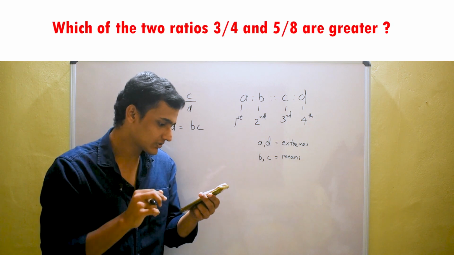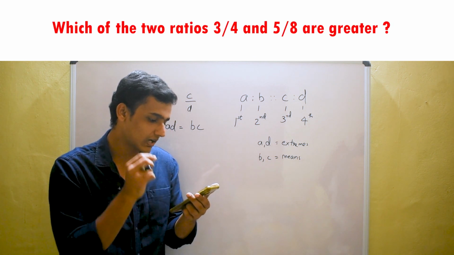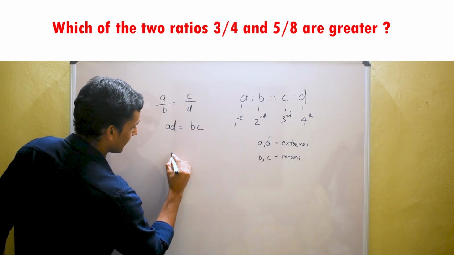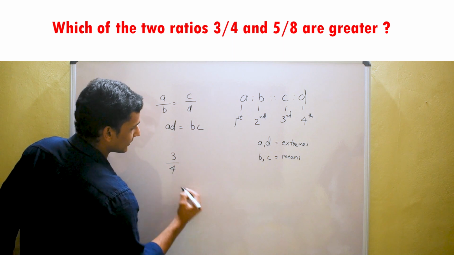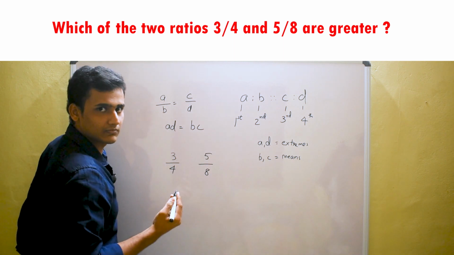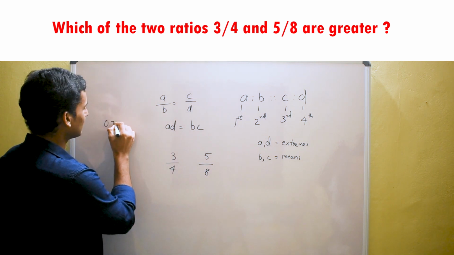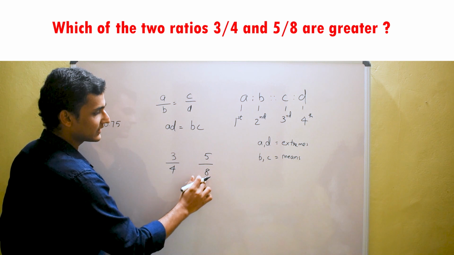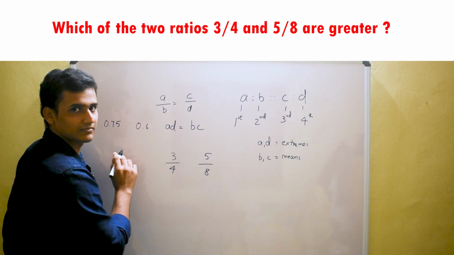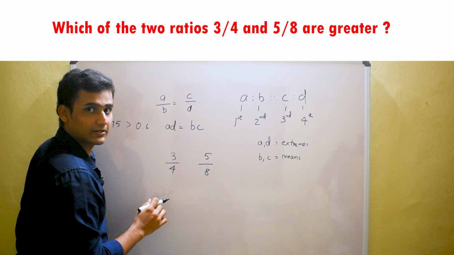Here, take a look at this question. Which of the two ratios 3 by 4 and 5 by 8 is greater? It is given that two ratios 3 by 4 and 5 by 8. As usual, we know that 3 by 4 is 0.75 and 5 by 8 is 0.6 something, and that means 3 by 4 is greater than 5 by 8.